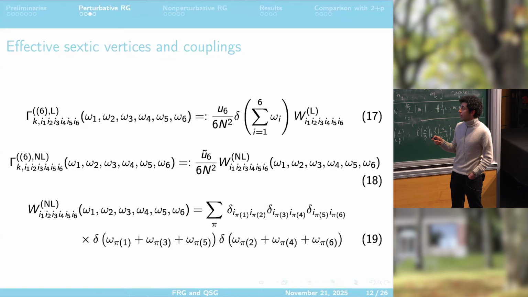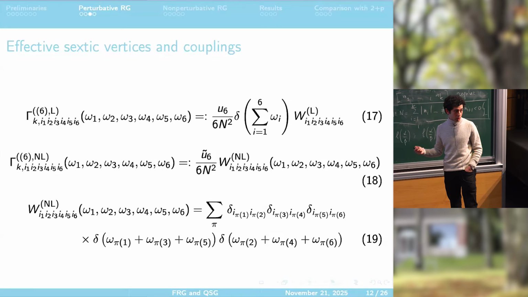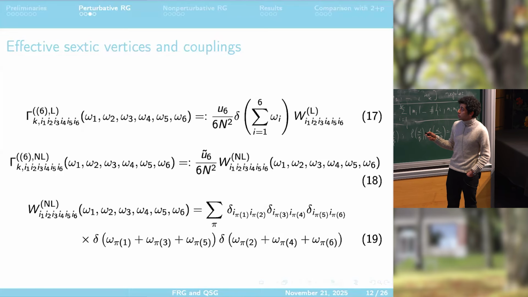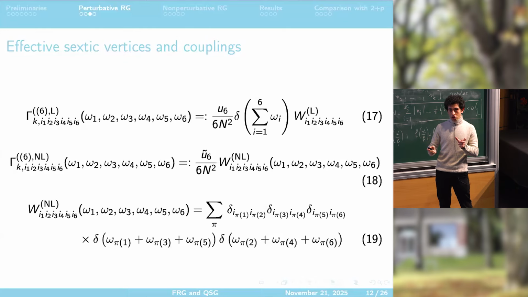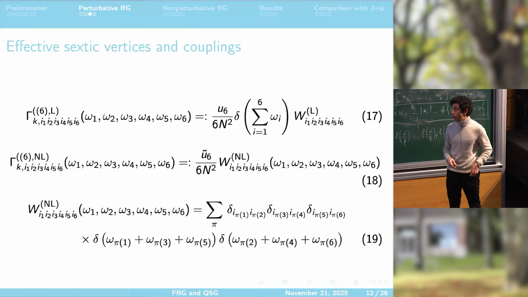So here we have U6 tilde that we introduce as the non-local coupling constant. But the factor that takes care of the symmetries in the term is a bit different. So again, we have the same O(N) symmetric tensor here, but the conservation of frequencies is a bit different. It splits in two, which comes from the fact that our theory is bilocal from the beginning.